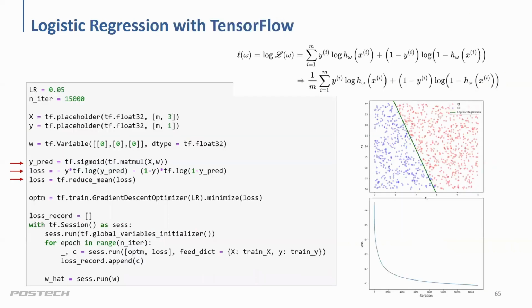Again, there is the learning rate and the number of iterations. Now we have to think about the placeholders for input and outputs. m is again the number of data points.